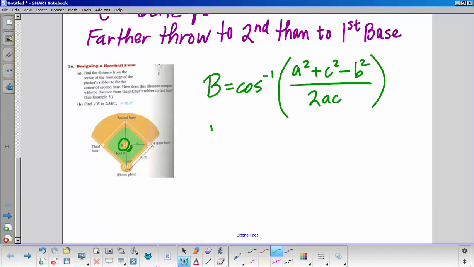All right, so B is going to equal inverse cosine. Let's write it out here.